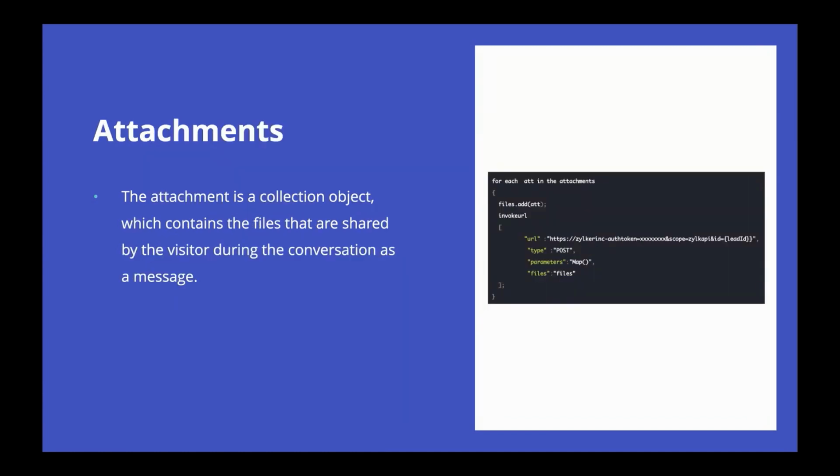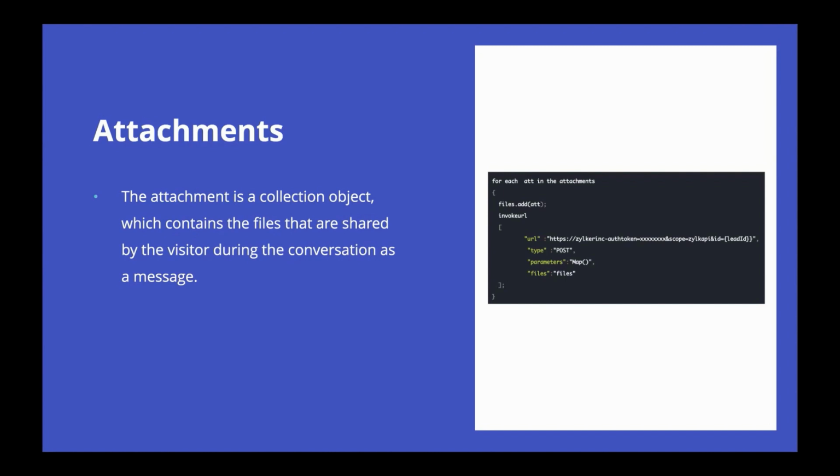The attachment object is a collection object which contains the files and the respective details of the files that were shared by the visitor during the conversation as a message. So this will contain attributes like the details of the visitor who has sent the file, the type of file that has been shared by the visitor, the JSON object that contains the details of the file shared, and the time at which the file was shared in milliseconds.